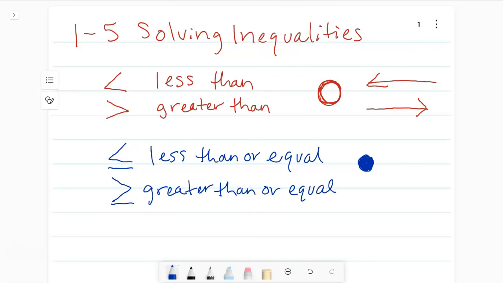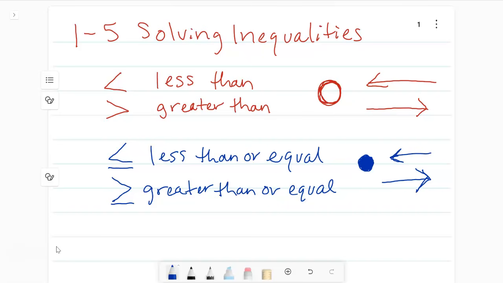Okay, and again, it equals that number, so make sure that you pick the one that has the shaded dot. And then the same thing, if it's less than or equal to, it's going to be shaded to the left. And if it's greater than or equal to, it's going to be shaded to the right. All right, make sure that you have these notes in your notebook. You're going to be using them a lot today.